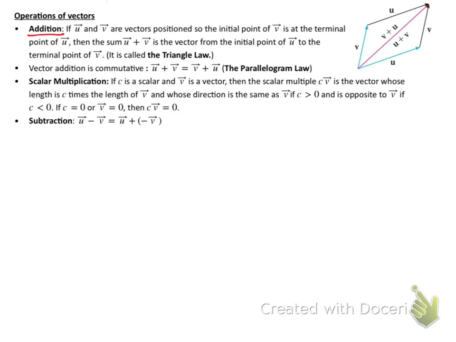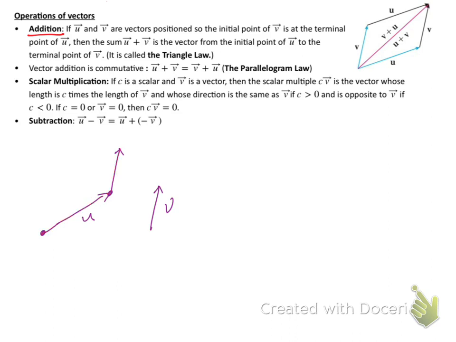What does it mean? I'll follow the picture I drew. So U looks this way, and this is V. I think U is a little bit longer. Then U plus V will be, U goes from here to here, and then I put a V, the initial point of V at the terminal point of U. So I go along U, then I do V. Then what did I do?